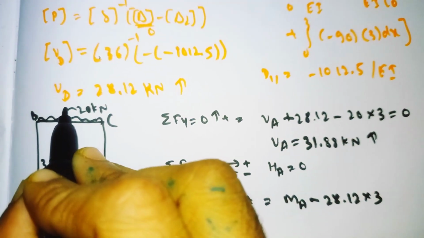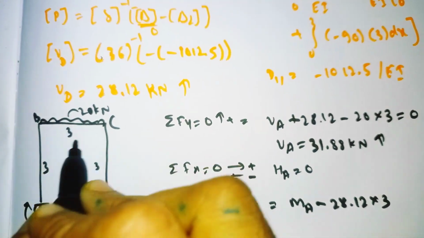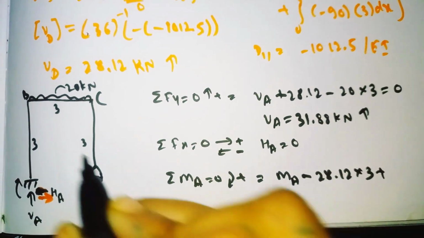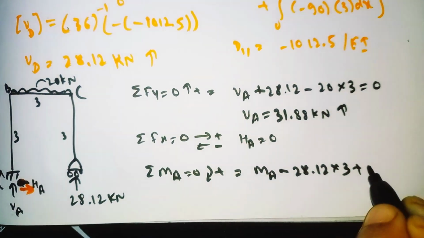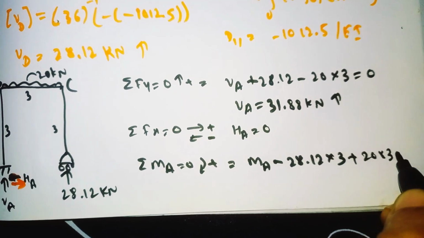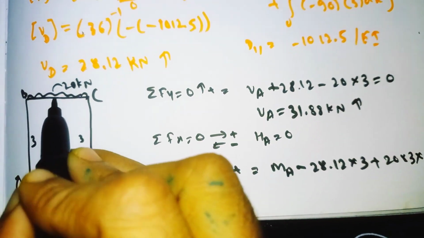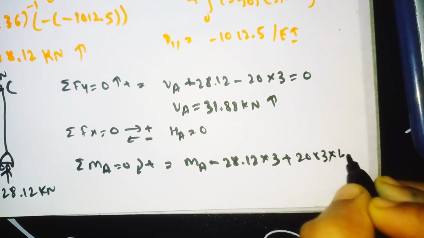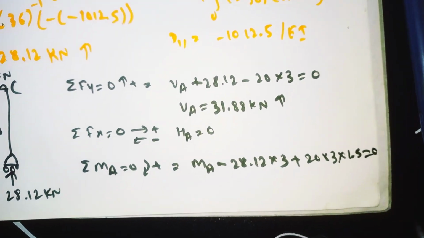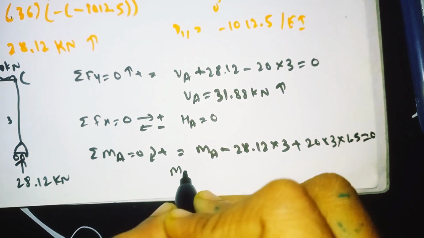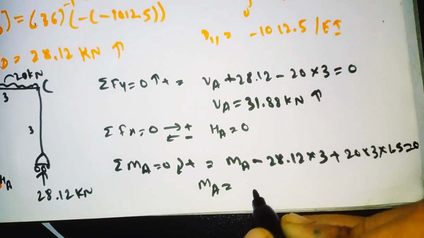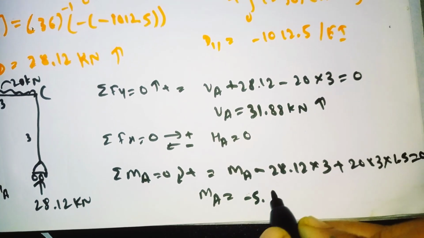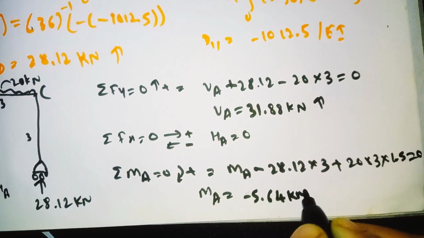If you convert the UDL to a point load, it rotates clockwise, so plus 20 into a distance of 3. The UDL will always act at a distance of L by 2, that means 3 divided by 2, which is 1.5, is equal to 0. So calculate this MA. MA will come out as minus 5.64 kilonewton meter.